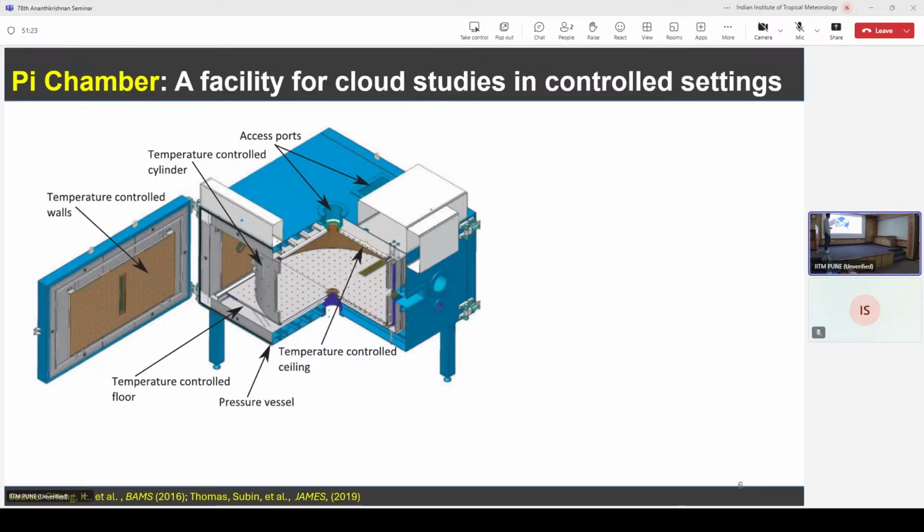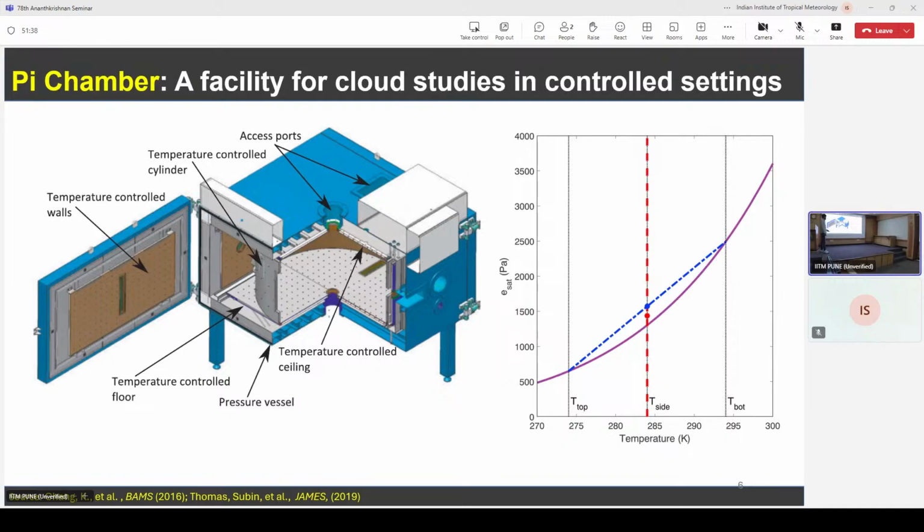So it comes to how the pi chamber works. This is one of the facilities where we generate clouds sustained for a very long time in steady states and get clouds under controlled initial and boundary conditions. And the principle is relatively simple. We take two air parcels, both moist and saturated, at two different temperatures.